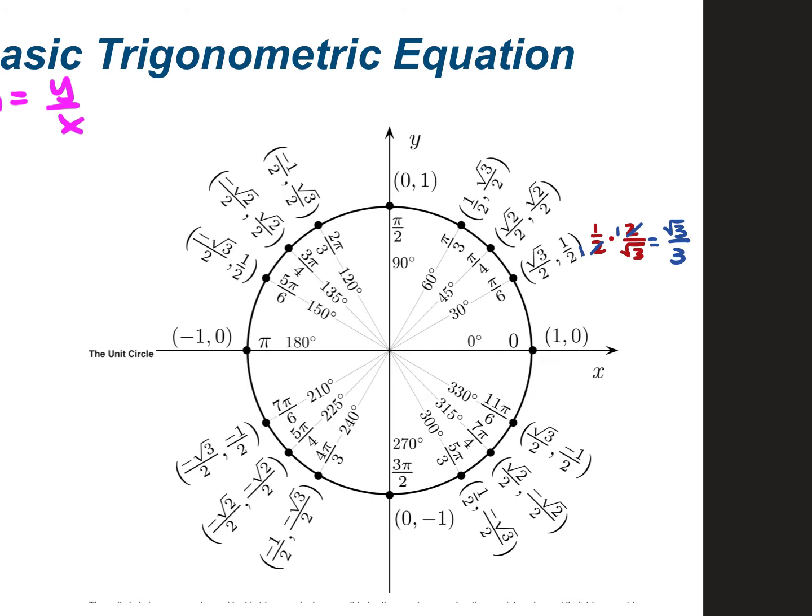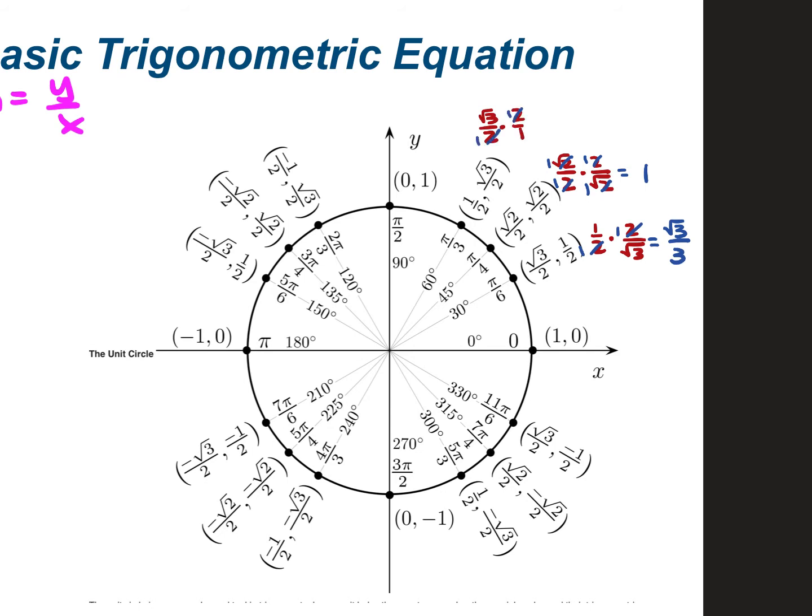For the pi over 4, you have the square root of 2 over 2 divided by the square root of 2 over 2, so we multiply by 2 over the square root of 2. These all become 1's to cross simplify, and that would just be 1. For the pi over 3, it would be the square root of 3 over 2 times 2 over 1.